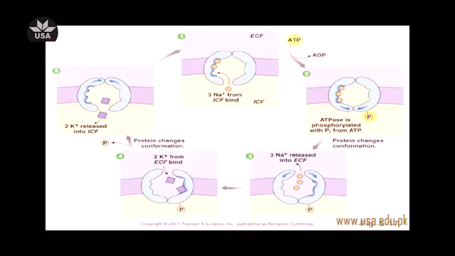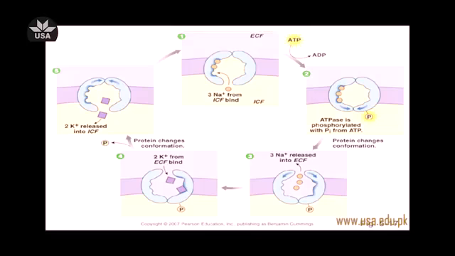Because of this, the outer surface of the molecule with potassium ions now faces the inner surface of the cell, and the inner surface of the protein molecule with sodium ions faces the other side of the cell. All this happens in stage 2.